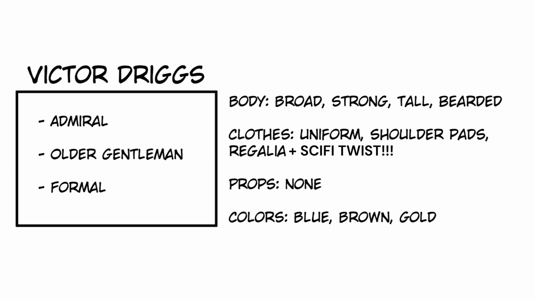He's going to be stacked. Clothing, he'll wear a military-style coat and slacks with regalia and probably a cap. And I put sci-fi twist on there because I got to find some sort of way to show that he is a space admiral. The props, none for this guy. And colors, I'm thinking blue, brown, and gold. And this is just going off of the color scheme of the federation that he belongs to.